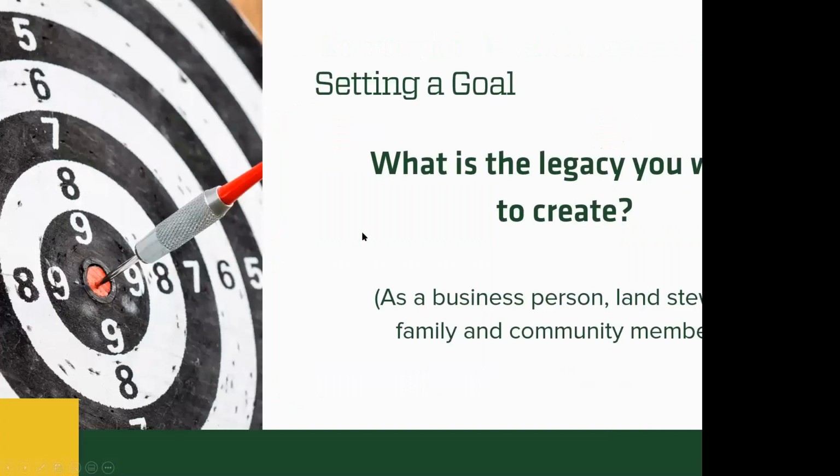When I think about what goals are, the word that comes to mind for me is legacy. The legacy that you want to create with your operation, perhaps as a business person, perhaps as a land steward, perhaps as a family and community member. So the choices that you make in drought need to be relative to what you're trying to accomplish more broadly.